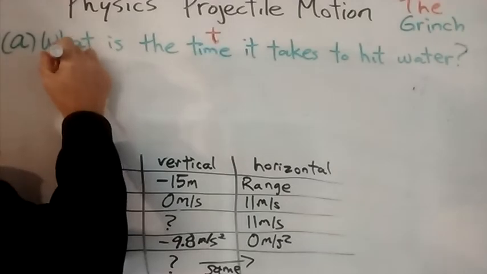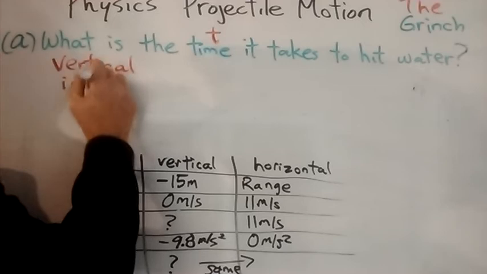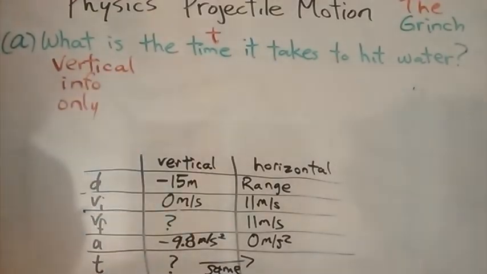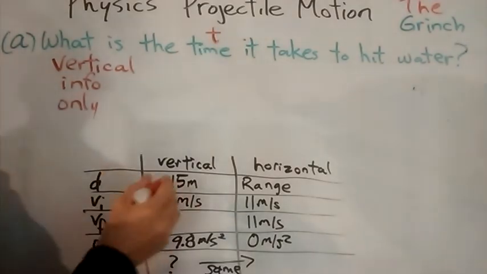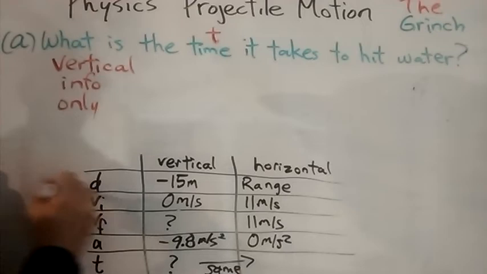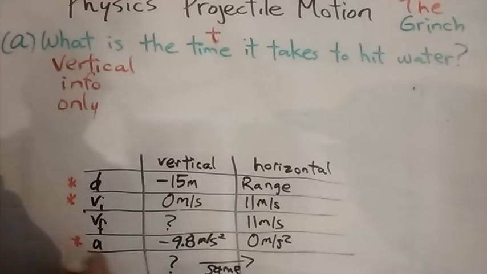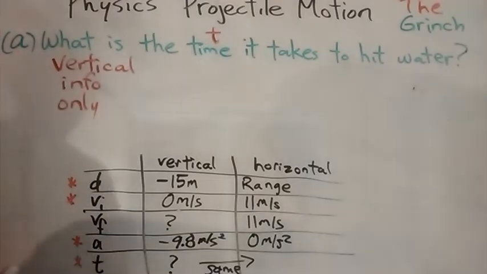Gravity's vertical, so it's a vertical problem only. So use vertical information to solve it. Well, luckily we know the d in the vertical direction, which is good. We know the vi. We don't know the vf. We do know the a, and we're looking for the time. So we need to use an equation that has d, vi, a, and t in it.